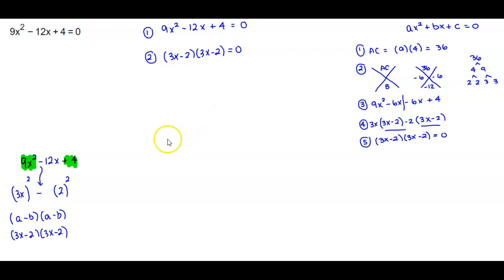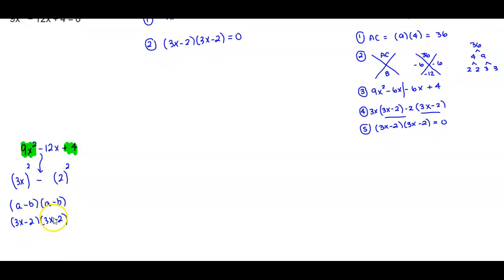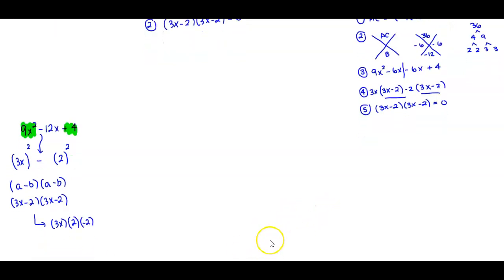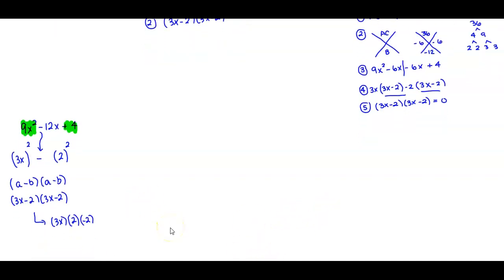Now, the only thing that's going to allow us to verify it is to do the following. If we take a look at A and B, we know that A was equal to 3x. We know that B is equal to 2. And then we need to multiply it by the negative 2. What I mean by that is because a perfect square trinomial is always going to be in this form.